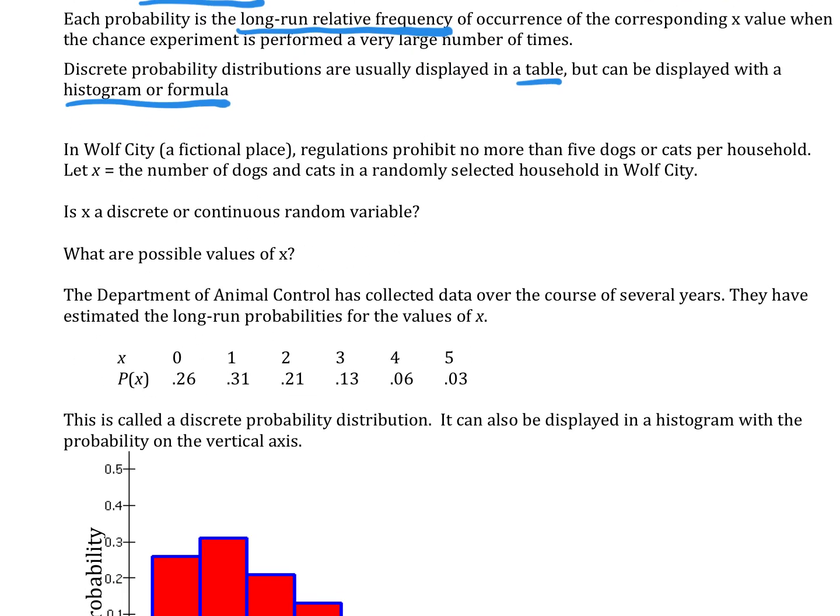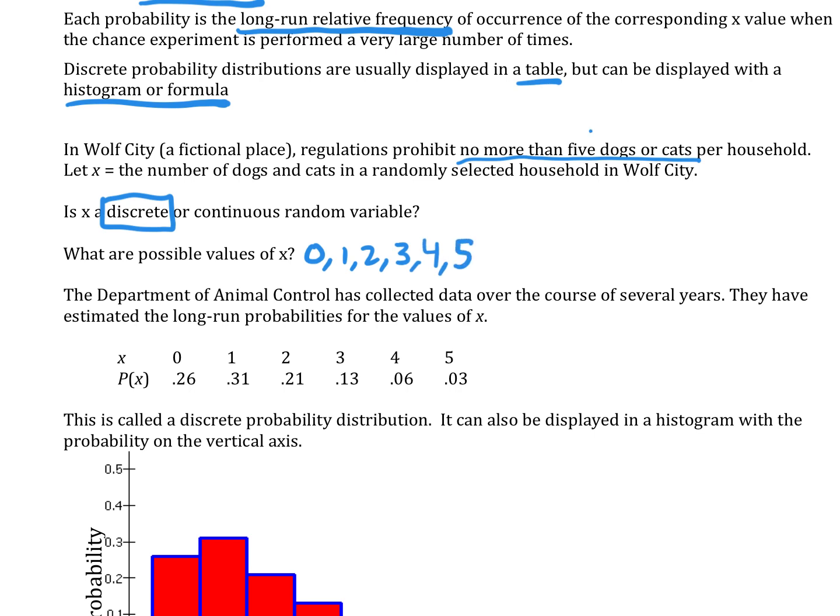All right, so in our first example, there is a city where you are not allowed to have more than 5 dogs or cats. X is the number of dogs or cats that a randomly selected household has. And so X is obviously discrete because the number of dogs or cats must be a whole number. Right, the possible values of X are 0, 1, 2, 3, 4, and 5.